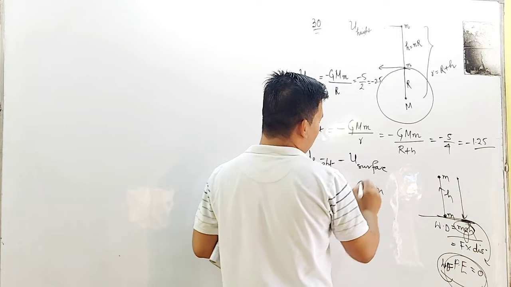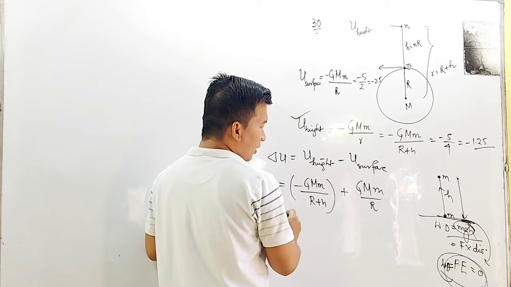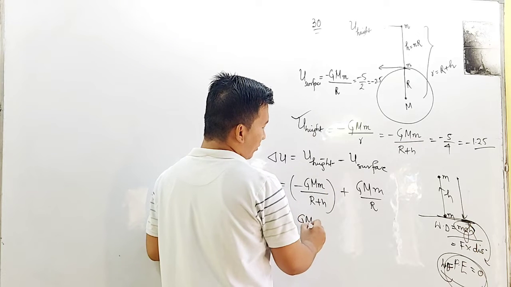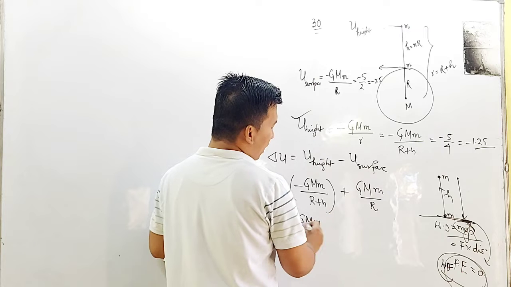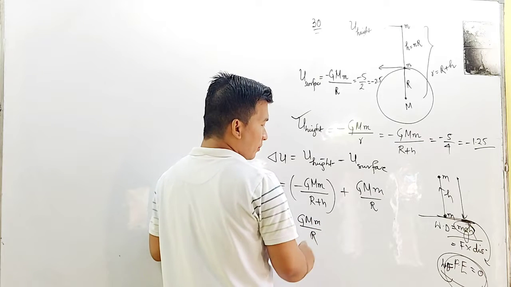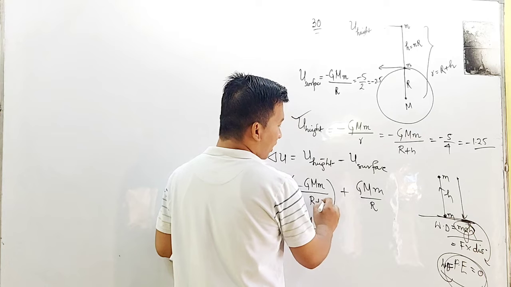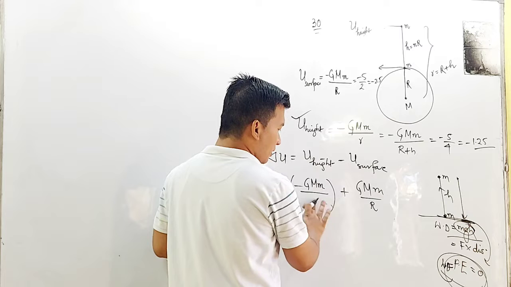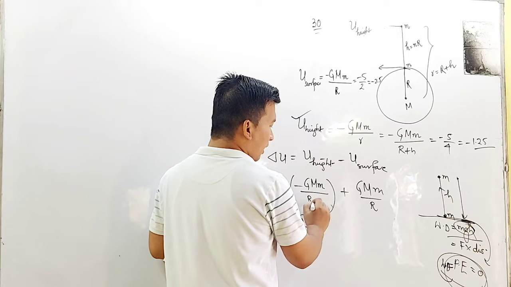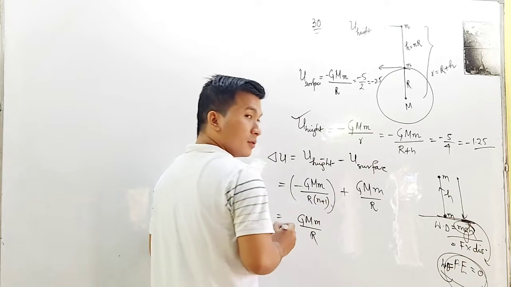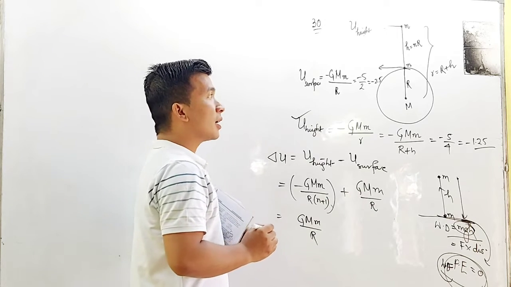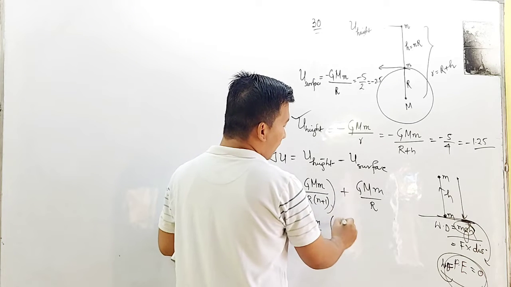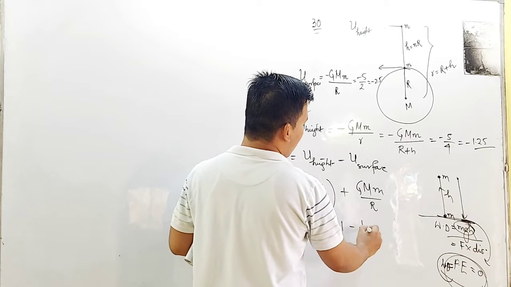Here we can take capital G capital M small m and r common. The h can be written as n r, so r is taken common out, giving r times n plus 1.